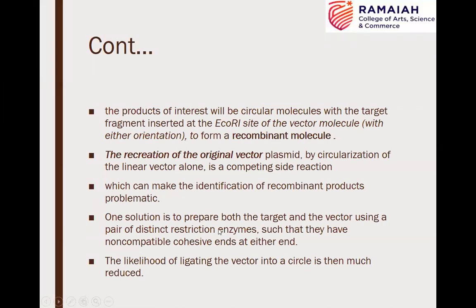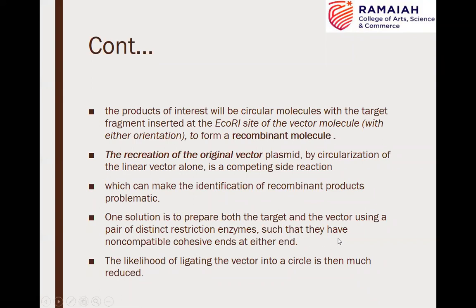Instead of using the same enzyme for preparing the vector and target DNA, if you use a pair of restriction enzymes to prepare both your target and vector, that could be one solution to avoid the formation of this original vector without the incorporation of the target DNA.